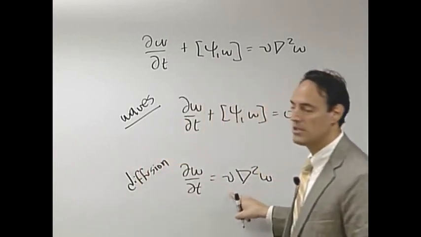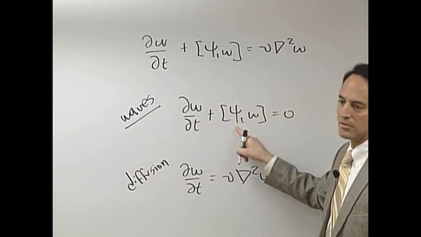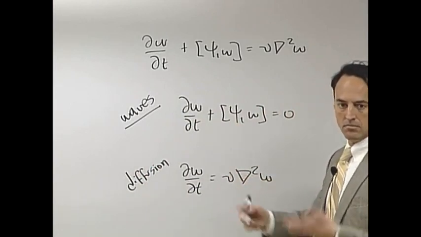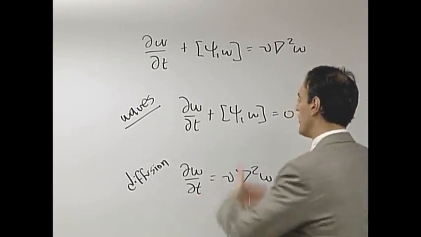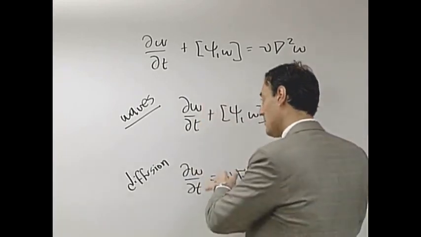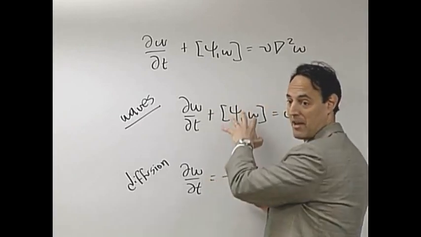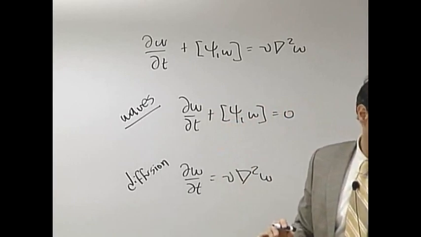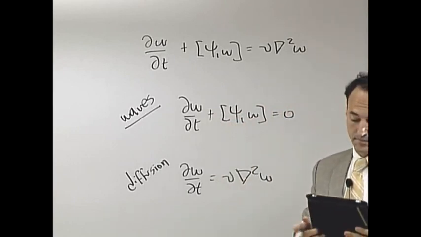And schemes that do this nicely are very different than schemes that do this nicely. Here, by separating it, you can basically use the best scheme for this and the best scheme for this, because the best scheme would be incompatible for both at the same time. Okay? That is the idea behind operator splitting.